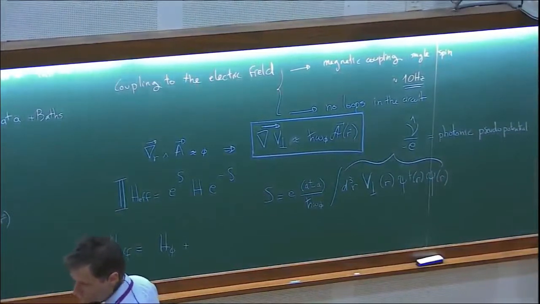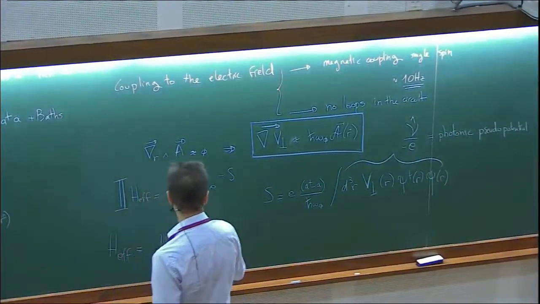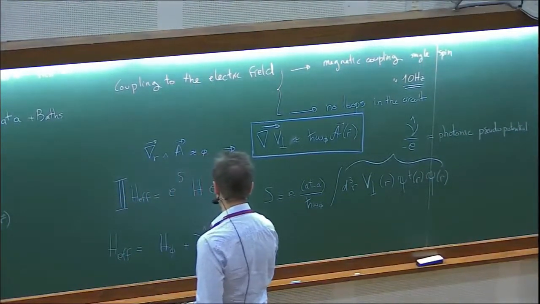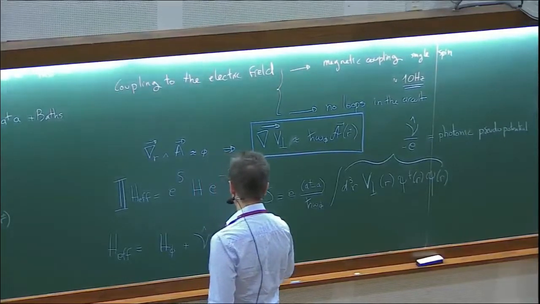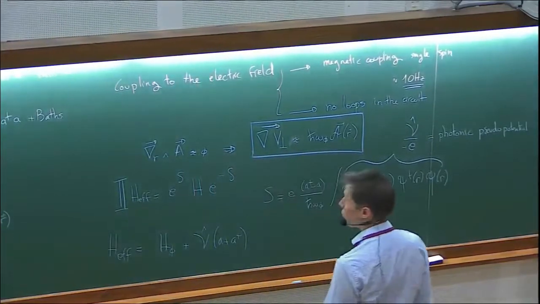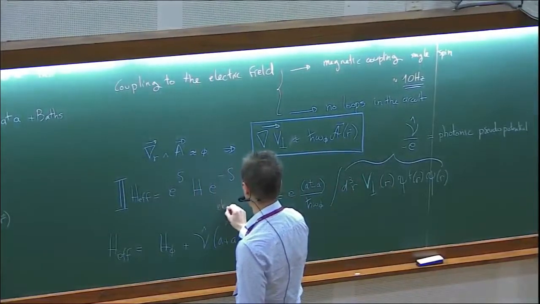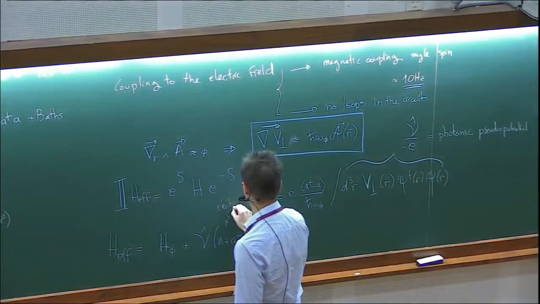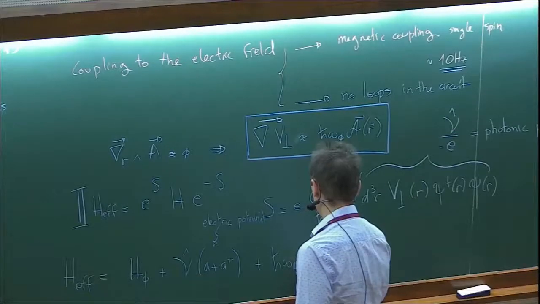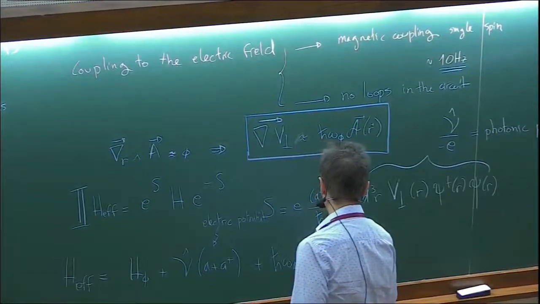You will see why we call it that: it comes in as a linear term coupling to the other quadrature of the electromagnetic field. So this is the electric potential, or the electric field. There is still the h bar naught here, plus the baths.